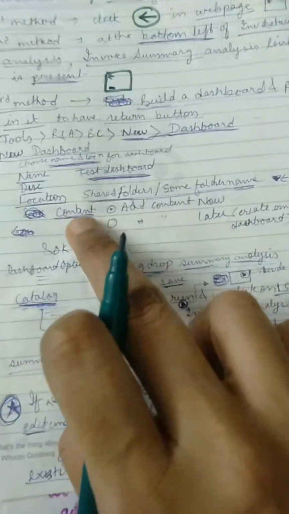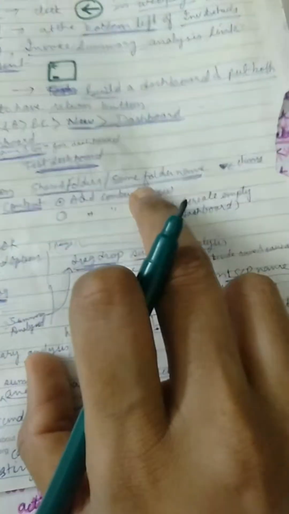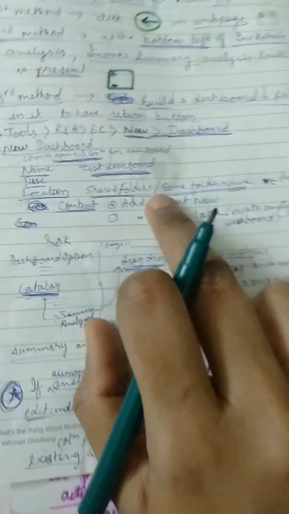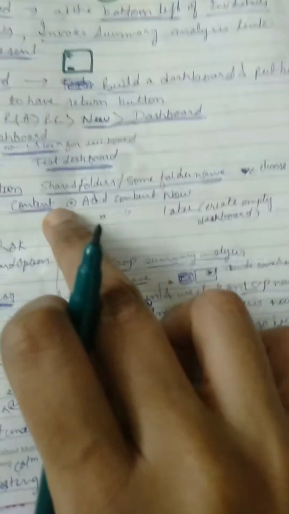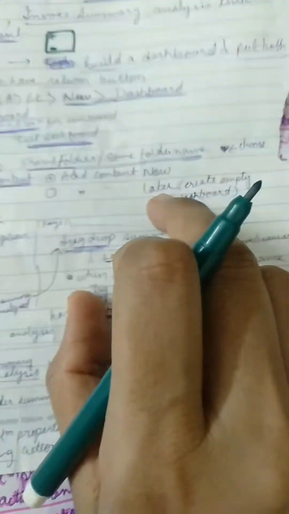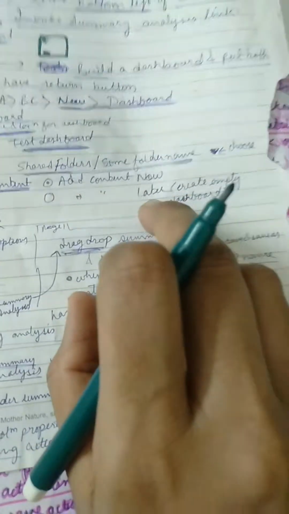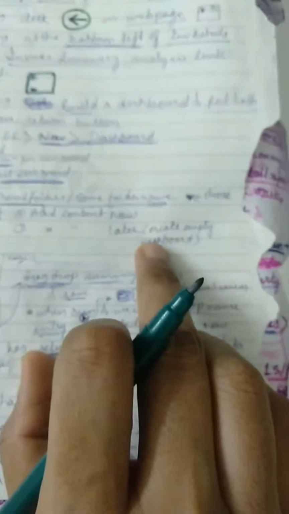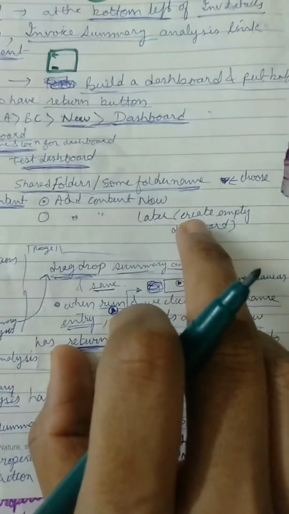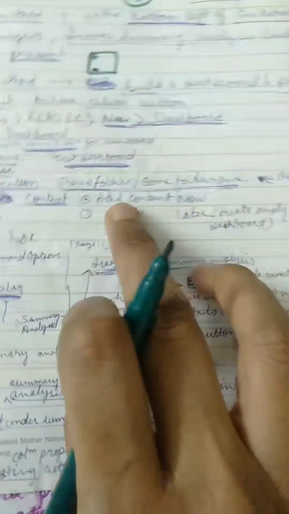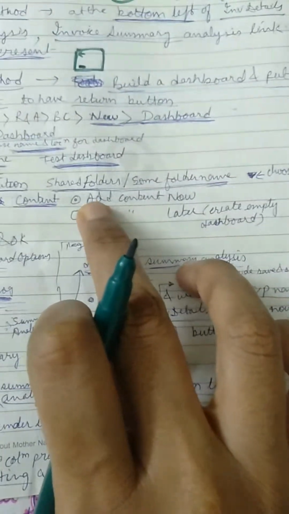You can give a description, then you have location as some folder name, anywhere you want to put it. Then in the content, add content now, add content later. Add content later means that it creates an empty dashboard. So currently I am choosing add content now.